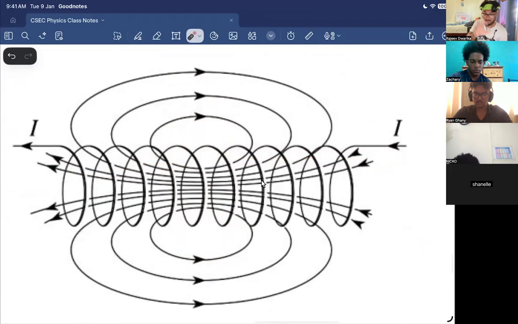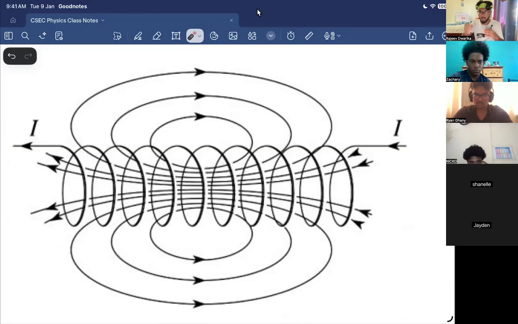What I want you to take away from this complicated diagram is that, number one, by wrapping the wires in a very tight coil, what is combining? Nikolai, what's gonna combine?